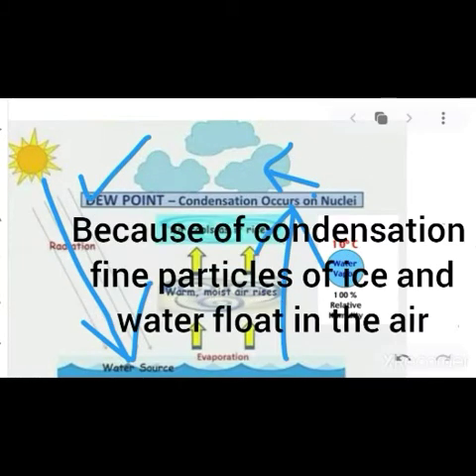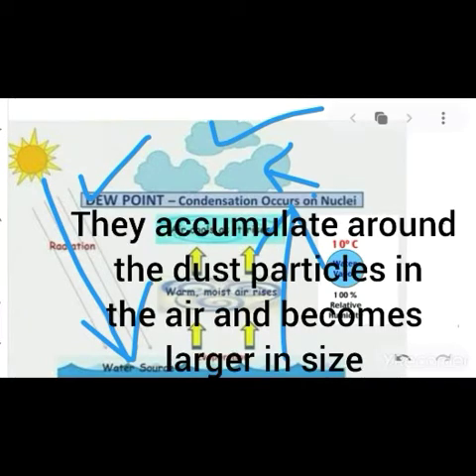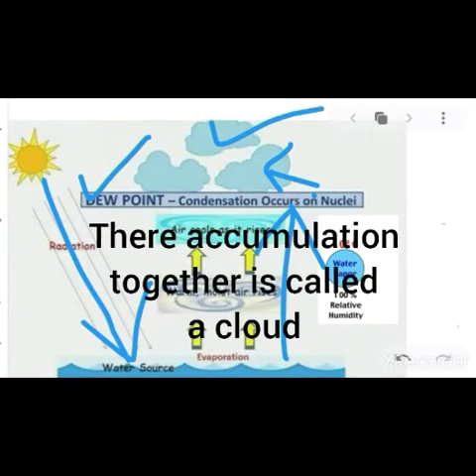Because of condensation, fine particles of ice and water float in the air at a greater height. They accumulate around dust particles in the air and become larger in size. Their accumulation together is called a cloud.